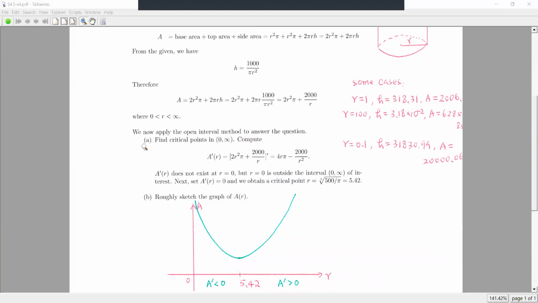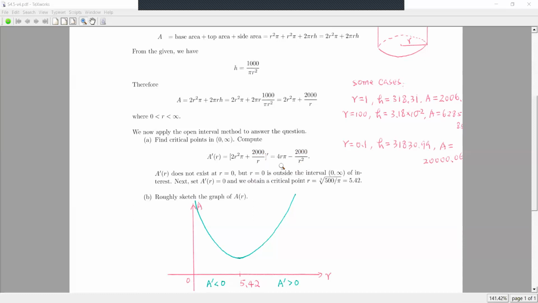Step 1 of the open interval method, find critical points in the interval. Compute the derivative of A with respect to r. Then we get this. Derivative of 2000 over r, you can use the quotient rule to compute its derivative.